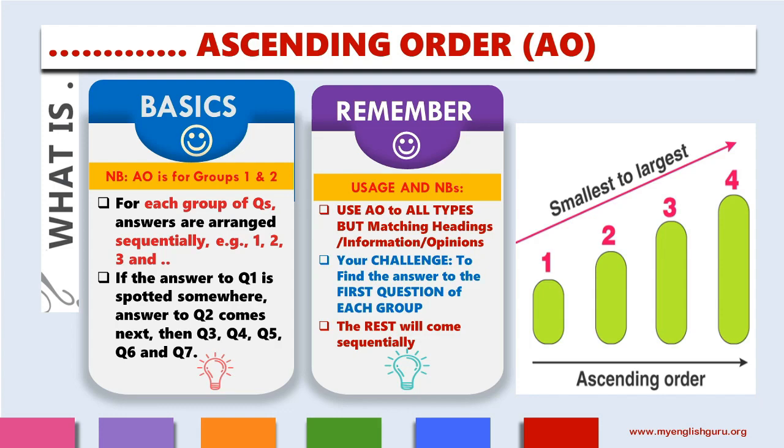So sequentially, that is called ascending order. I discussed this before. So as you can see in here, first is number 1, then second, then third. But if you do not get, for example, the answer to question number 2, what you have to do is skip to third. So once you get 1 and 3, in between there will be number 2.